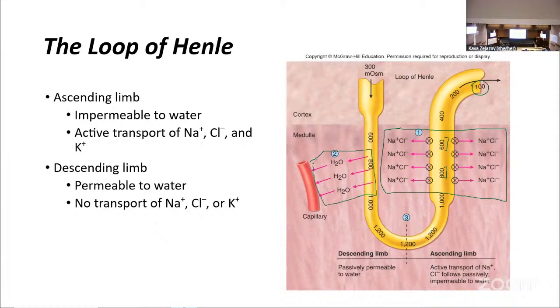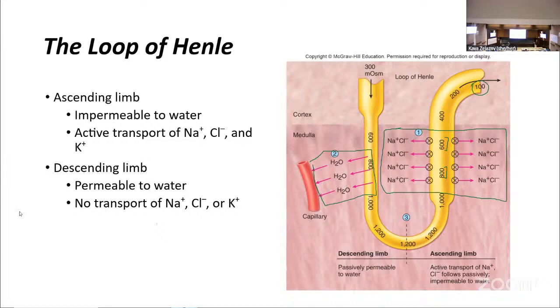So in the descending limb, we have tissue that is permeable to water, so water can move, so it does. All right. If water could move in the ascending limb, it might, depending on what region it's flowing through, but it can't ever be reabsorbed as it moves through that ascending limb, because we don't have the appropriate structures in the membranes of our cells in this region to allow the water through.